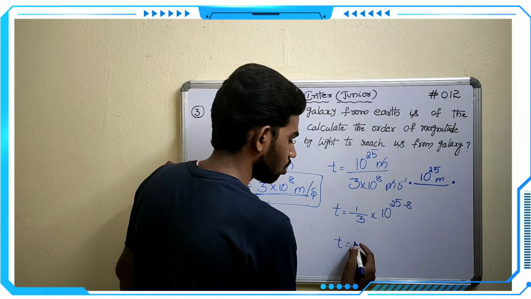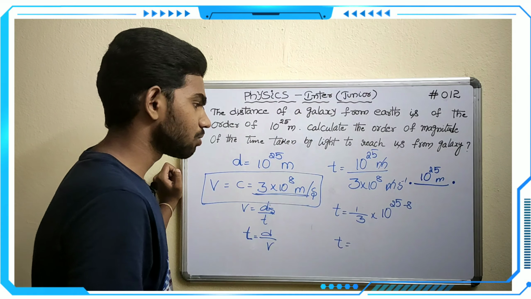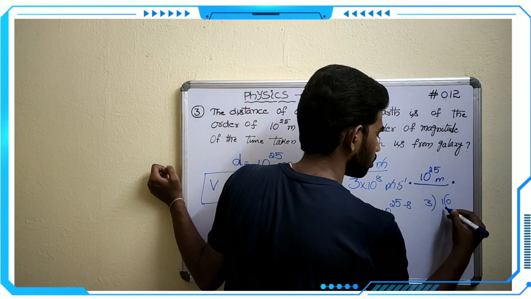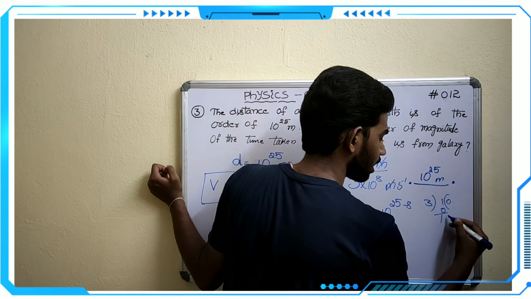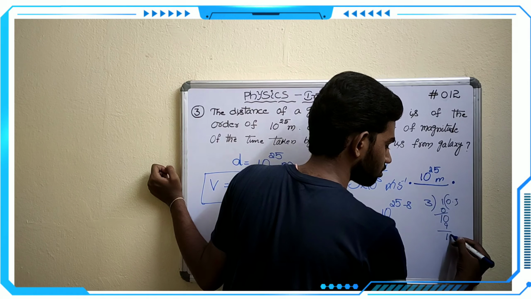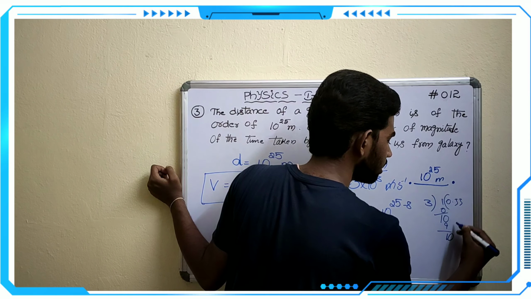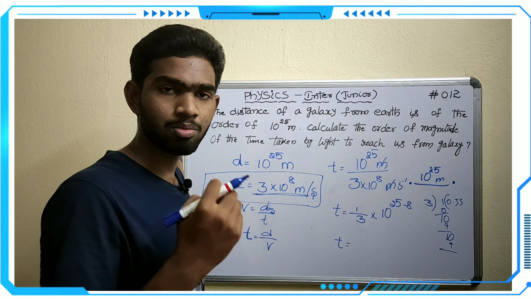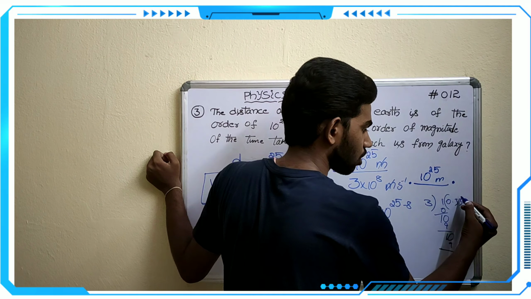So here we can complete. T equals 1 by 3. Do you know the 1 by 3 value? I will write it: 0.333. From the significant figures question, that means from the Units and Measurements chapter, we can round off the value.